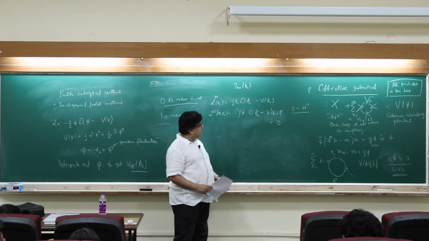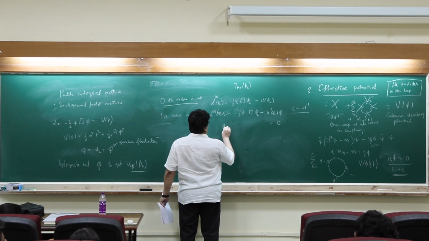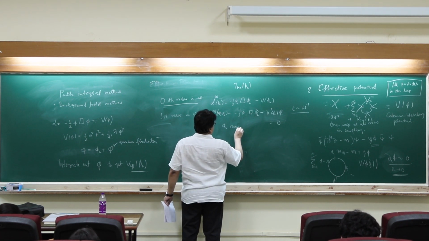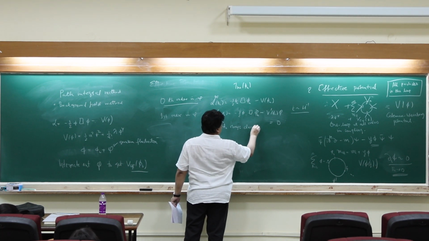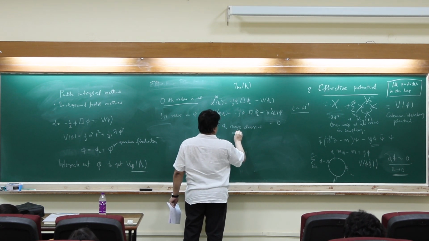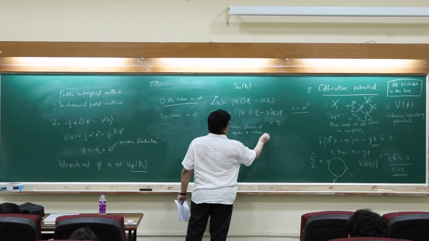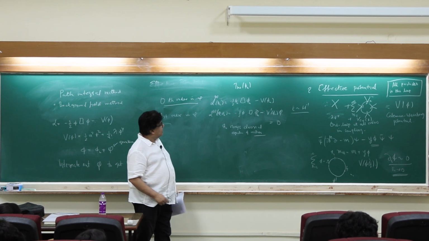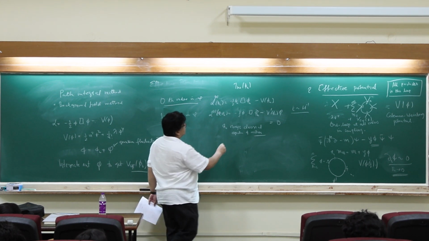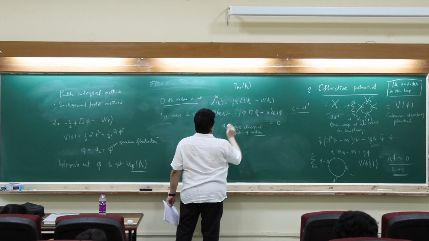Okay, so assume that phi b obeys the classical equation of motion, so the first order term is 0, and this is curly phi.